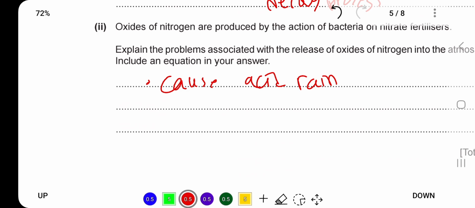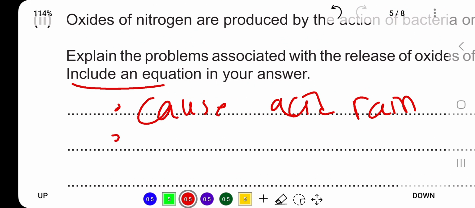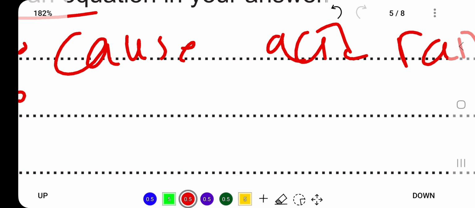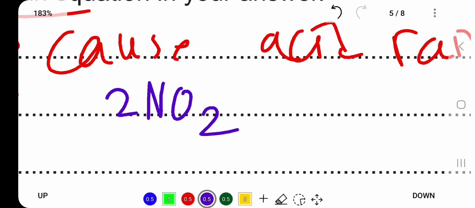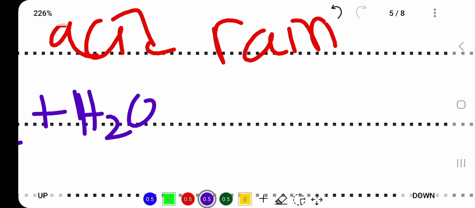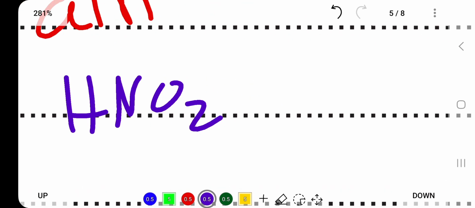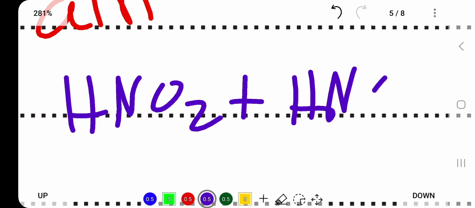Now you're going to be wondering how, that's why they include an equation to conclude it. You can write nitrogen dioxide will react with water to give you HNO2 plus HNO3, that's based on the mark scheme.